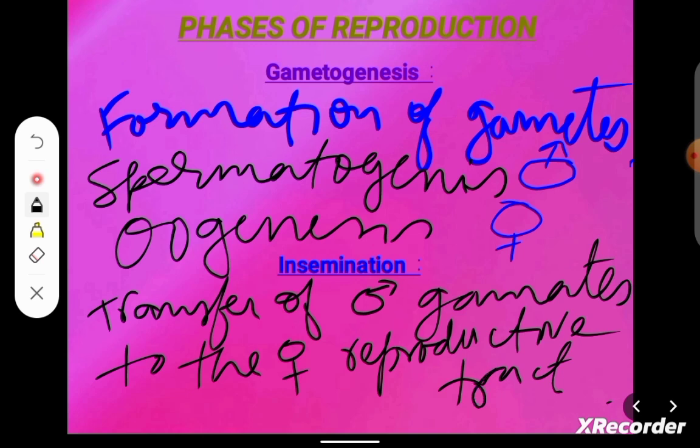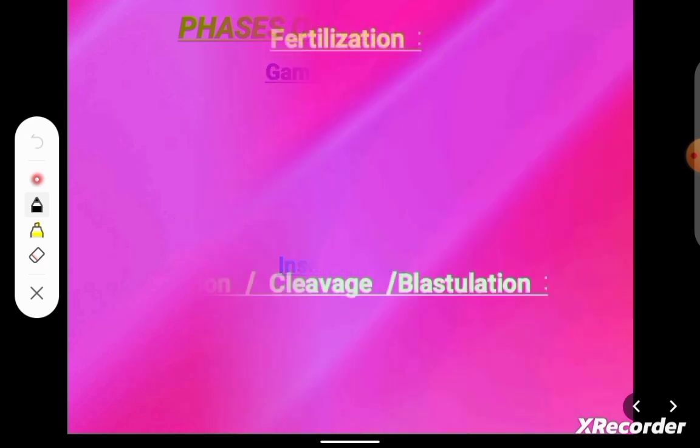This is what insemination means. So we have seen the second one also. The first one is gametogenesis, the formation of gametes. Then insemination, the transfer of the male gametes to the female reproductive tract.